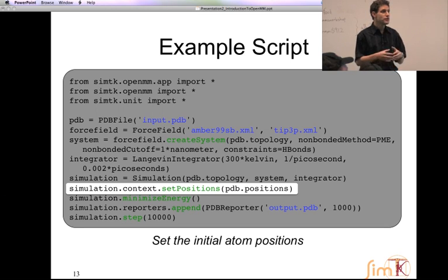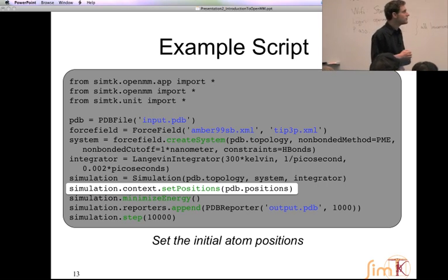It says this is the potential function describing our system. Where a topology says we have a chemical bond between these two atoms, the system will say we have a harmonic force term connecting these two particles with this spring constant, et cetera. So they really are different information.